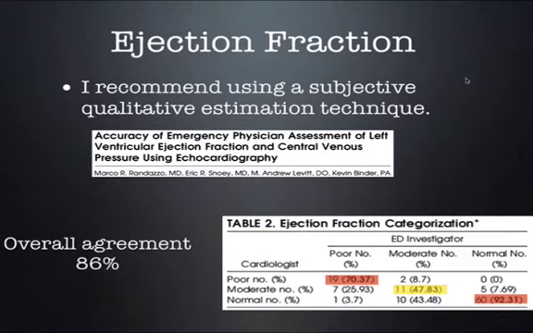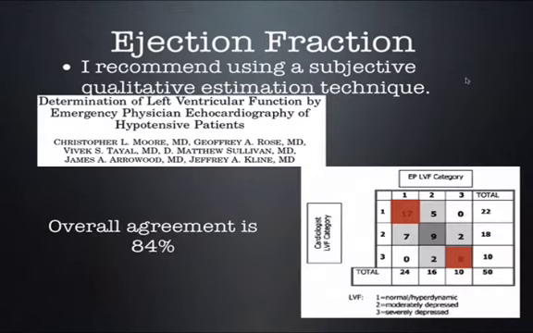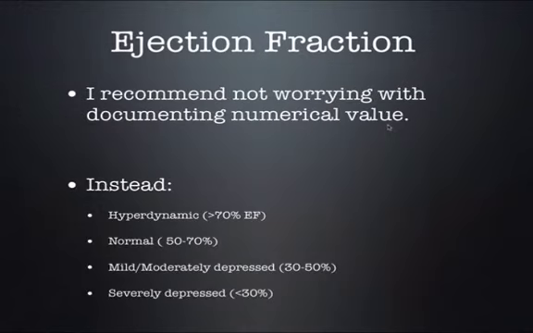And they were just using a simple qualitative technique. Here's another study, again, comparing emergency physician to cardiologist. In extremes, there was very good agreement, 84%, using a qualitative assessment. Overall, I recommend not worrying with documenting the exact numerical value. Just say hyperdynamic, normal, mild to moderately depressed, or severely depressed.